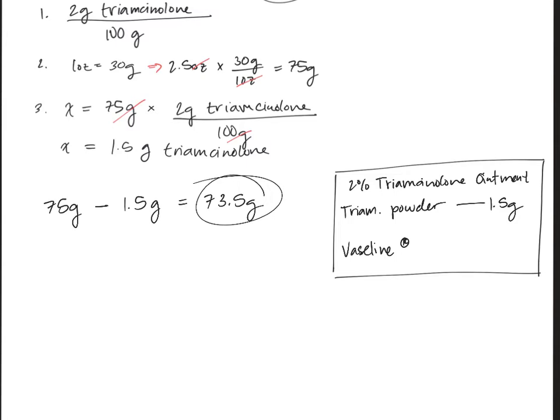That's the little R trademark. We need 73.5 grams. Okay, so one of the main things to remember is if you're not using water, or if you're using the cream or something, you're going to have to do that subtraction right there.